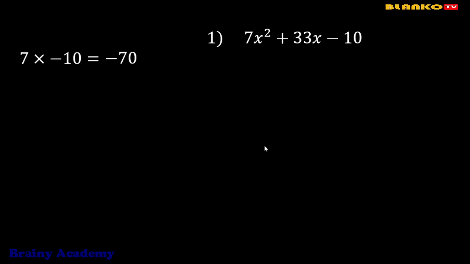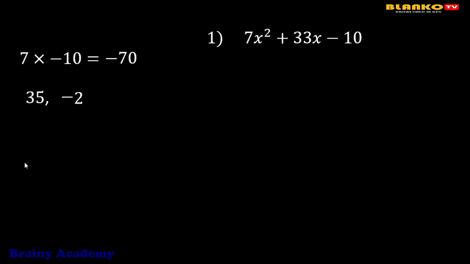We find two numbers that when we multiply, we get negative 70, but when we add, we get 33. The numbers are 35 and negative 2. When you multiply 35 by negative 2, we get negative 70. When you add 35 plus negative 2, we get 33.